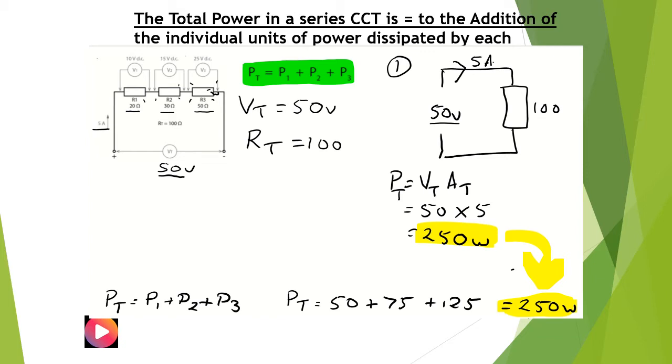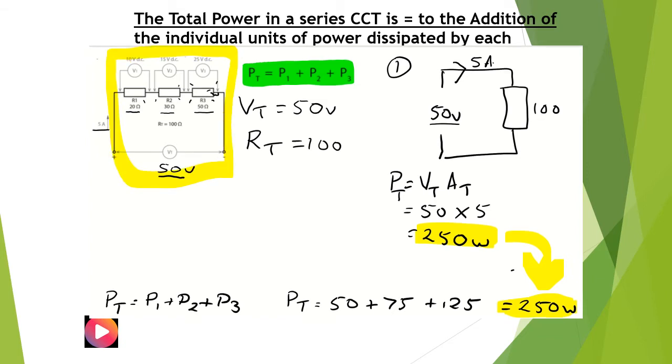So there are two ways of calculating the power, and as we move on you will find that the best way to solve these problems is to simplify the circuit down into a smaller circuit and do your calculations. This is the game of chess that I talk about.